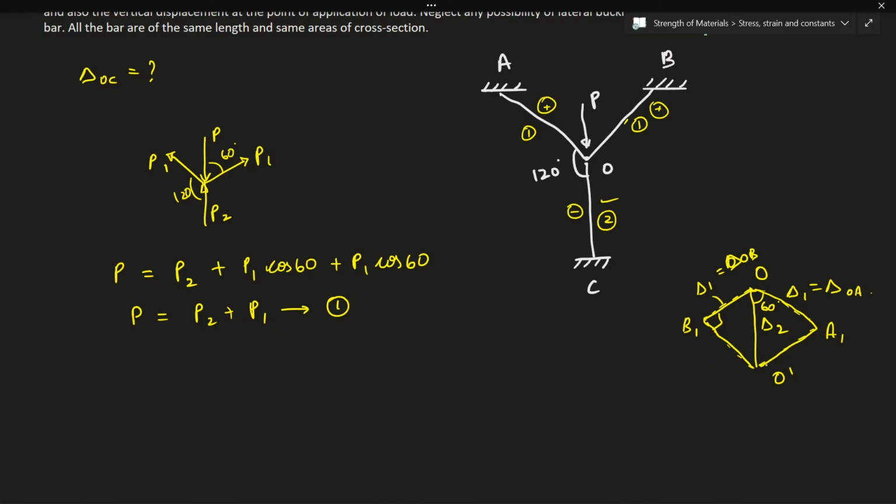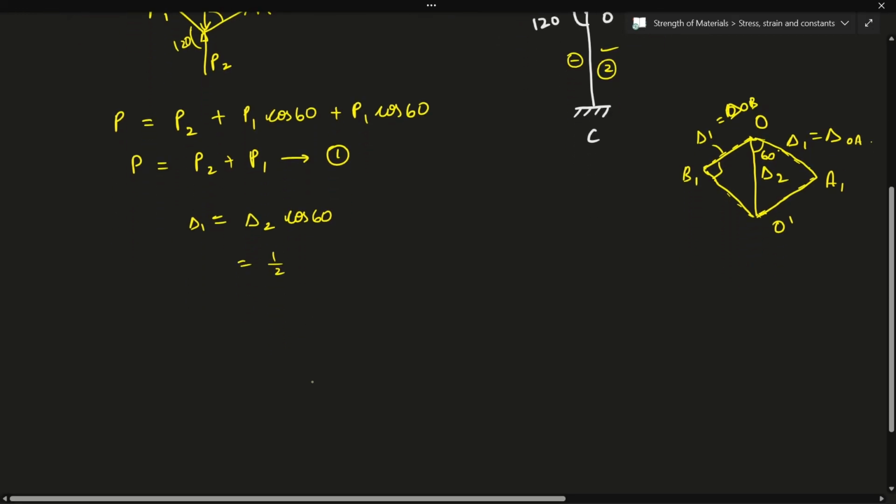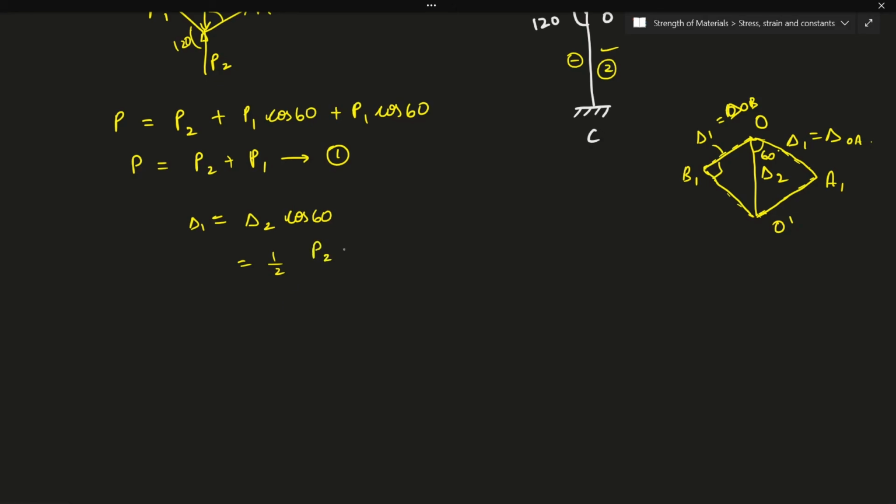With this knowledge we can write delta 1 is equal to delta 2 into cos 60, which is half into delta 2. I can apply the formula for delta 2, which is P2 L by AE, and for delta 1, that is P1 L by AE. So L, A and E will get cancelled, and we can write P2 is equal to 2 P1.